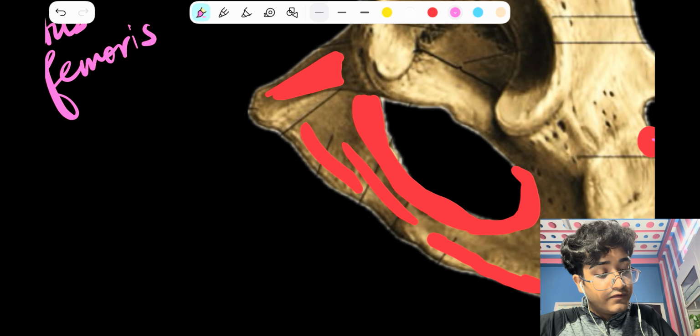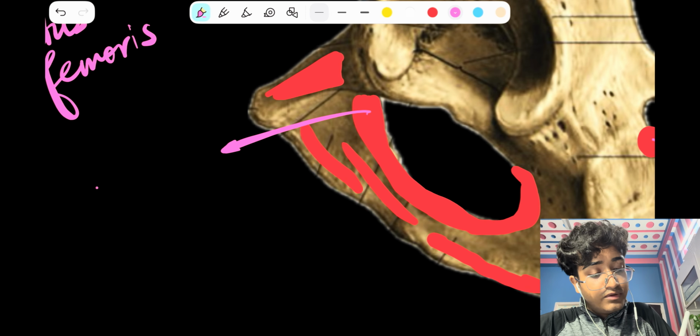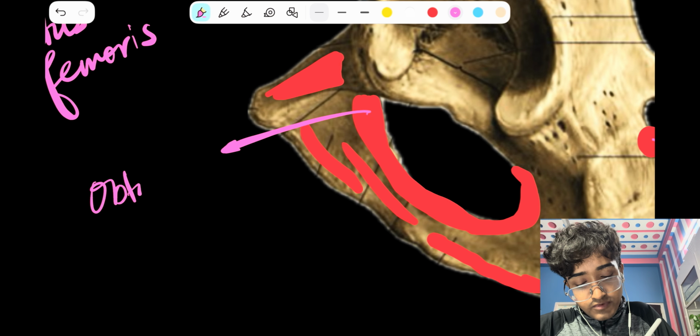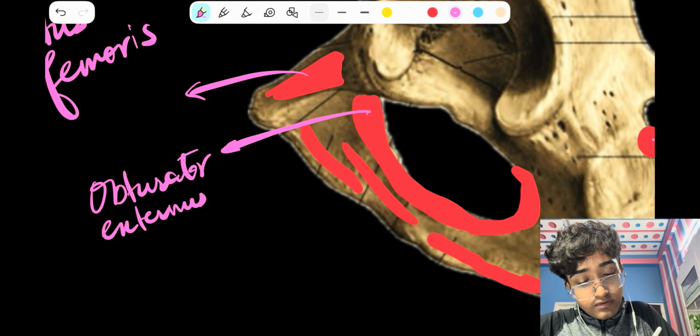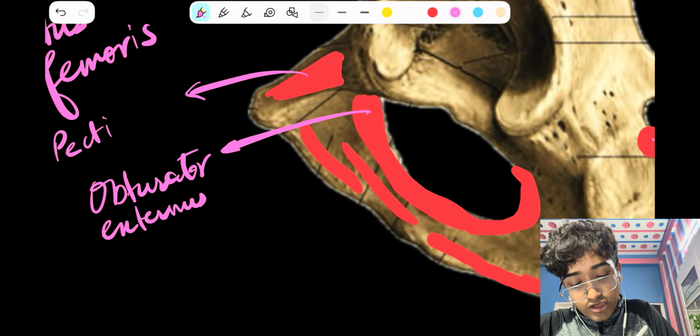See, this is the obturator foramen. Just below the obturator foramen you get the attachment for the obturator externus muscle. In the pecten pubis you get the attachment of the pectineus muscle. Simple.